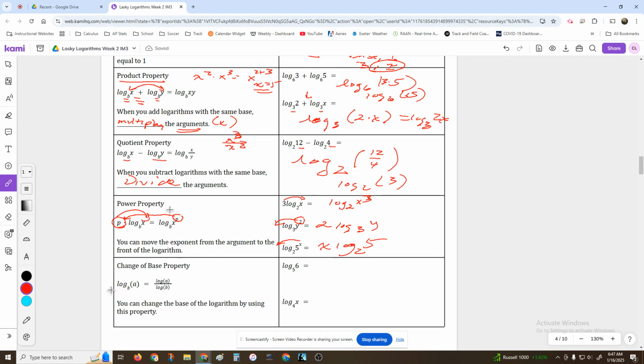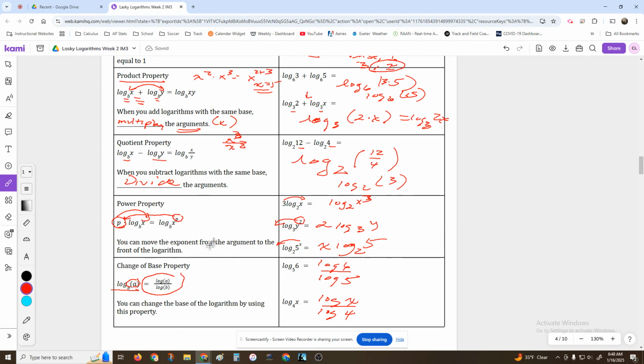So the change of base property allows you to put things in the calculator, and that's literally splitting into 2, where the argument on the inside goes on top and the base of the log goes on the bottom. So this will be turned to log 6 over log 5. This would be log x over log 4. Okay?